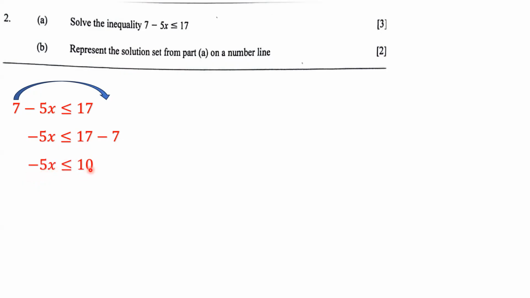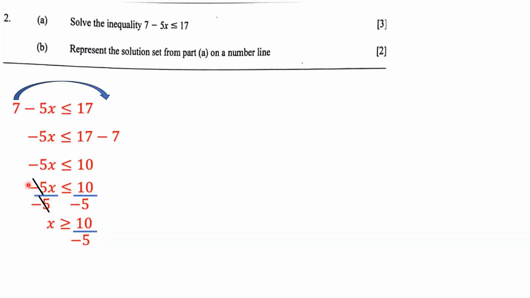Here we're going to divide both sides by negative 5. If we divide both sides by negative 5, the negative 5 on the bottom and the negative 5 on top cancel, leaving us with just x. And here we have x is greater than or equal to 10 divided by negative 5.